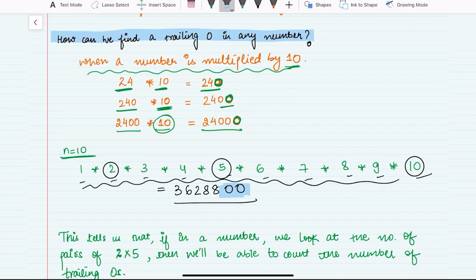The number of tens is equal to 2, contributing to two zeros. So how are we getting that? One 10 is here and one 10 is formed by the combination of 2 and 5. So if we multiply 2 and 5, we'll get 10, right? So this is 10 and we will get another 10 from here. So that accounts for two zeros.